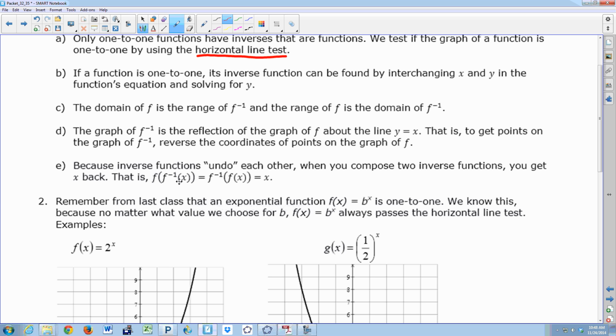These are the only types of functions that you can reverse the order of the composition and still come out with the same exact answer, x.